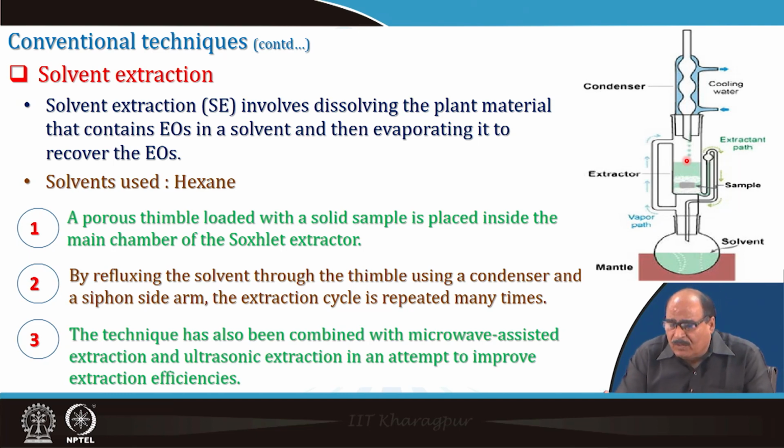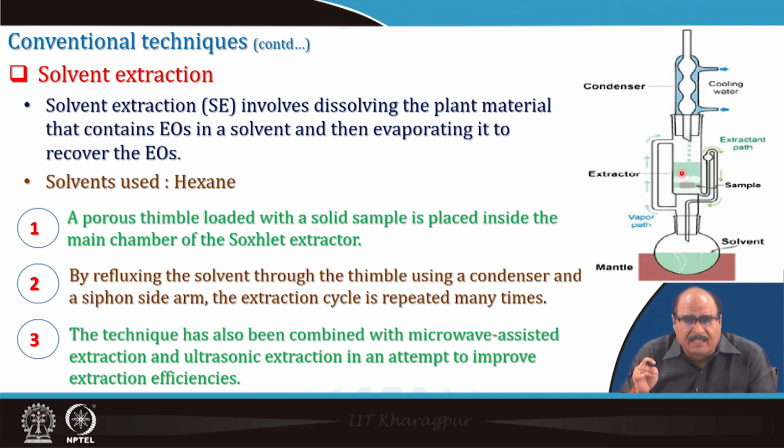So what is done here is that a porous thimble loaded with the solid sample is placed inside the main chamber of the Soxhlet extractor. Then the solvent is refluxed through the thimble using a condenser and a siphon side arm, and the extraction cycle is repeated many times.